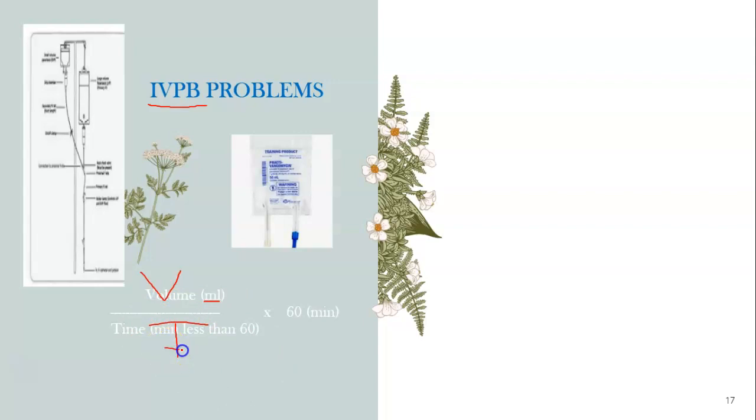Now, if that time is less than 60 minutes, they're trying to trick me, but I won't let them. If this would be like 15 minutes, that's less than an hour, right? So then I would just times it all by 60 to turn it into an hour, okay, to put on my pump. So let's work through a couple of those.